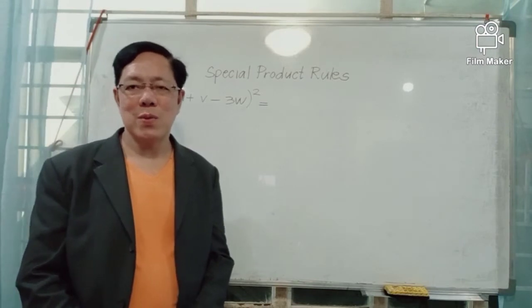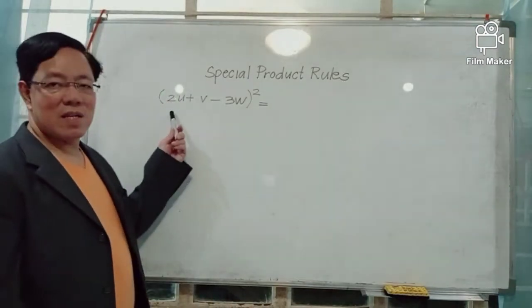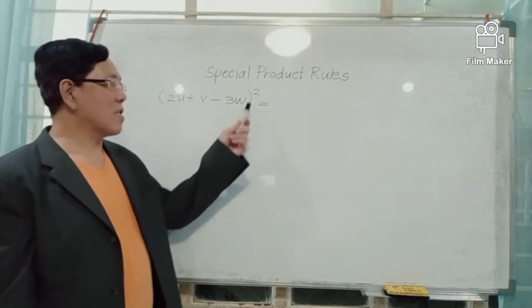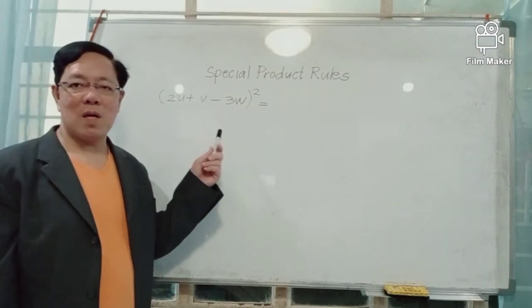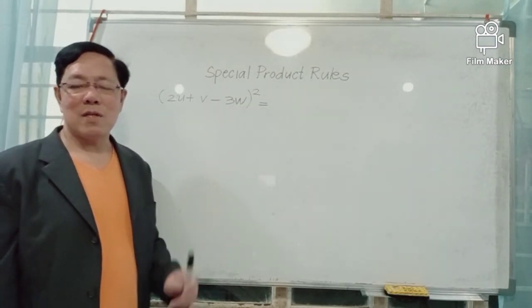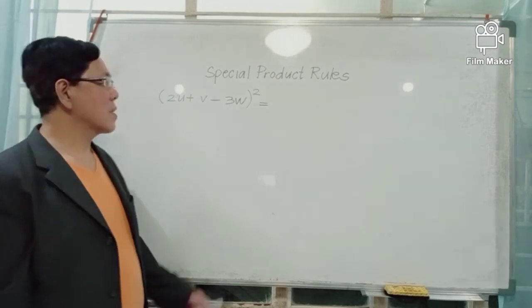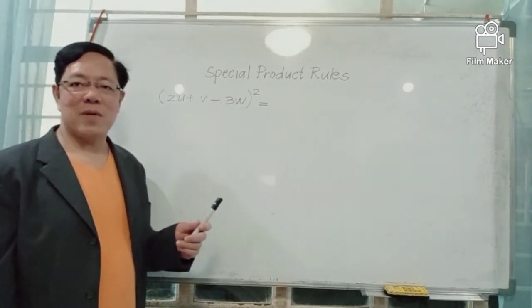So what we will do is rewrite the given to express it as a square of a binomial, as either the square of a sum or the square of a difference.